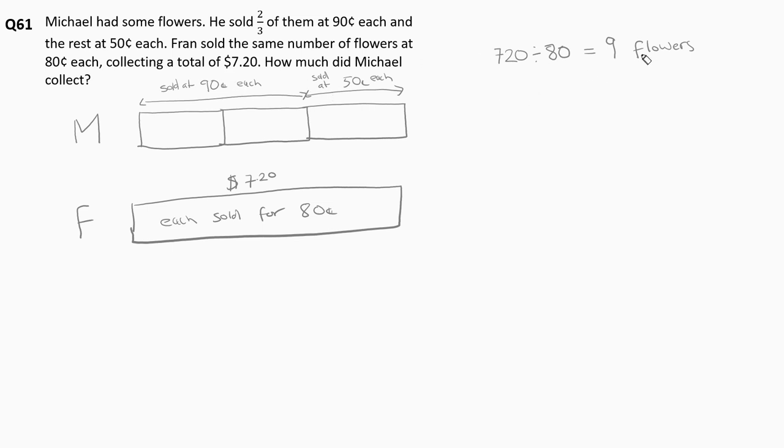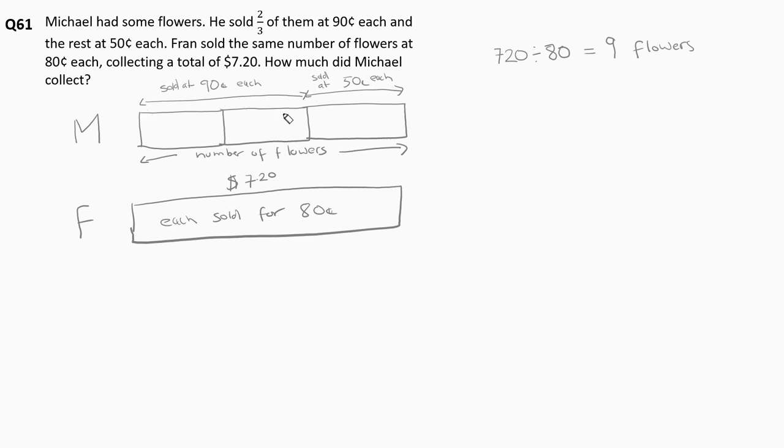Remember this bar here represents the number of flowers, this whole thing. And we now know that this whole bar represents 9 flowers.